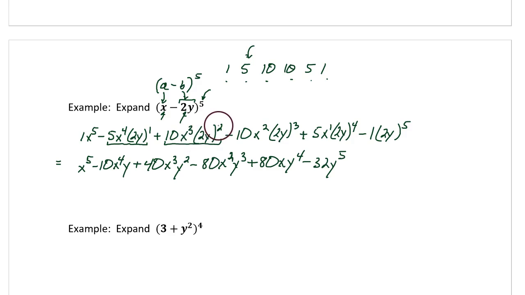So 2 to the second is 4, which I then times by 10, making 40. And then we had x cubed and y to the second. When working on this piece right here, again, you have to do the exponent before you actually do the timesing. So 2 to the third is 8, and 10 times 8 got me the 80, and so on.